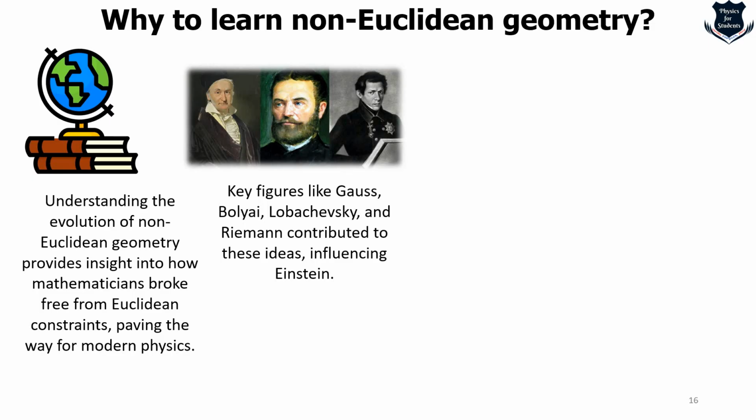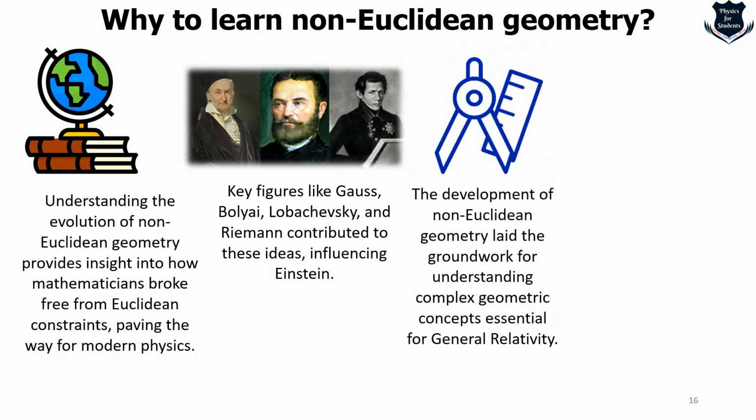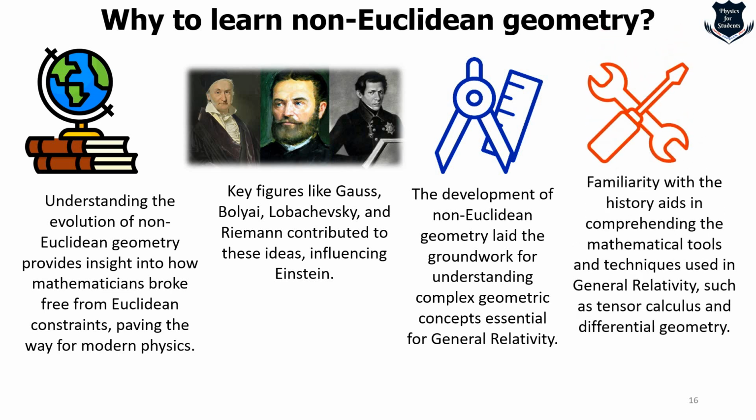So the key figures like Gauss, Bolyai, Lobachevsky and Bernhard Riemann, you need to learn them, you need to learn the evolution, and then the learning of physics, and most importantly general relativity, becomes much more interesting. Also, the development of non-Euclidean geometry actually led to the foundation of the more complex geometries essentially dealt with in general relativity, manifolds, etc., which you can learn very well.